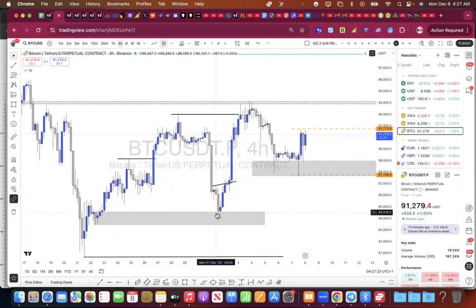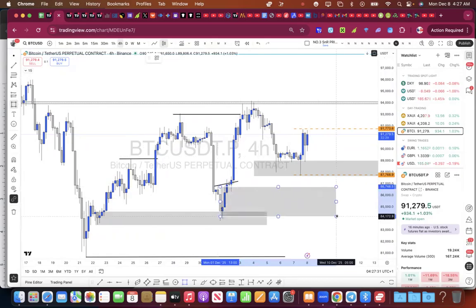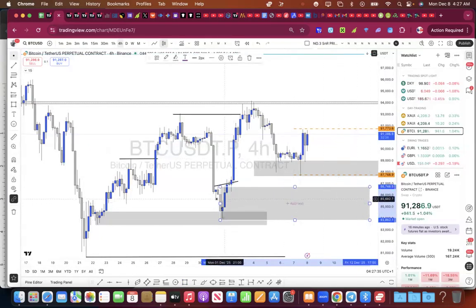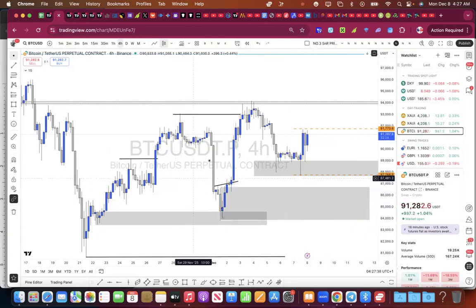But here, looking at after we broke this up here, then we actually have this as another block. But there's something crazy in this other block. What happened? We have a kind of IFVG, that is inversion fair value gap.